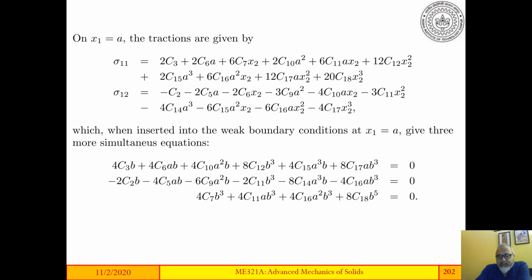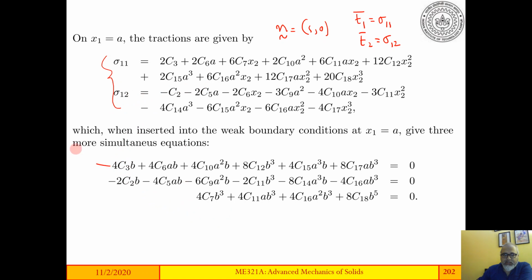At x1 equal to a, the normal is 1 0. The traction t1 bar is equal to sigma 1 1, and t2 bar is sigma 1 2. So I have to take sigma 1 1 at x1 equal to a, and sigma 1 2 at x1 equal to a, and these are the two equations, and then I insert it into the three conditions.